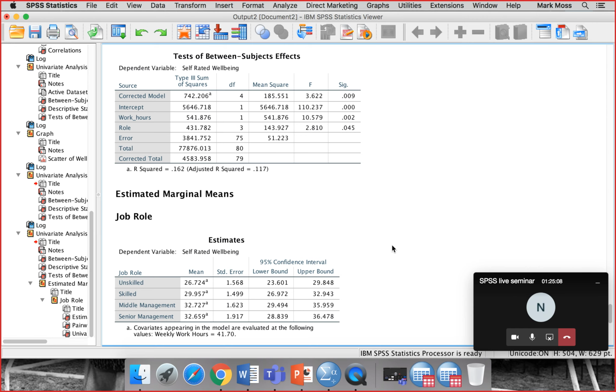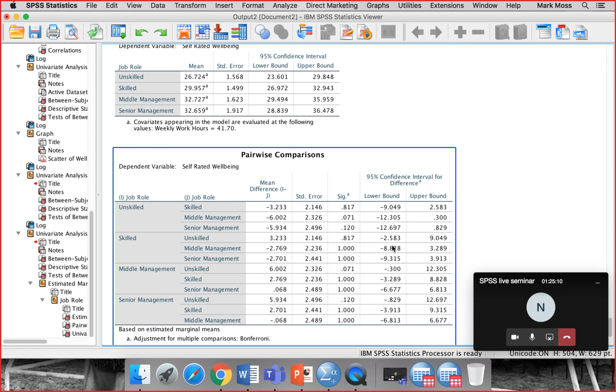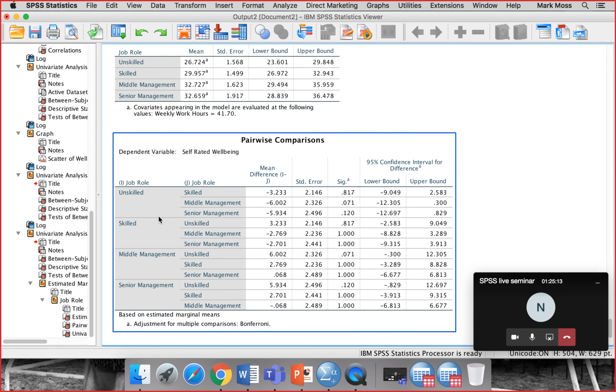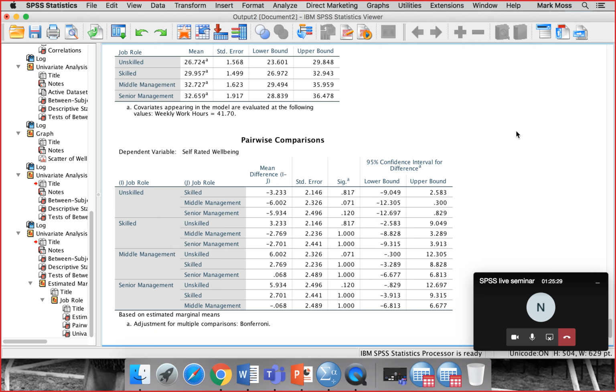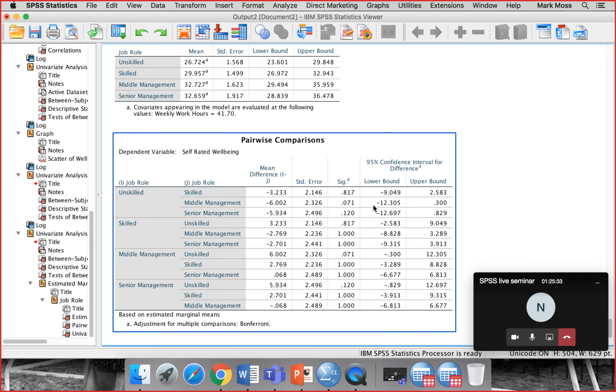We could then go and have a look at where the differences exist in the pairwise comparisons, and we can see that the unskilled workers are not quite significantly different with the pairwise comparison that we've got on there. Unfortunately, 0.071. This is always problematic with the Bonferroni corrections, in that they're quite conservative, so it's not quite significant with unskilled and senior management.